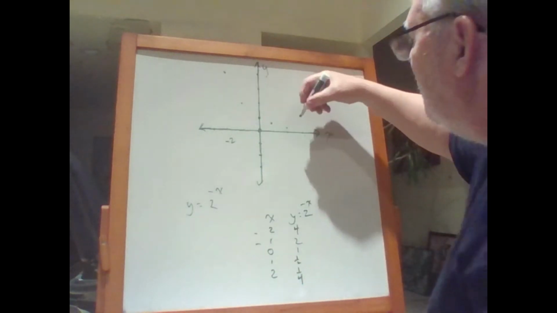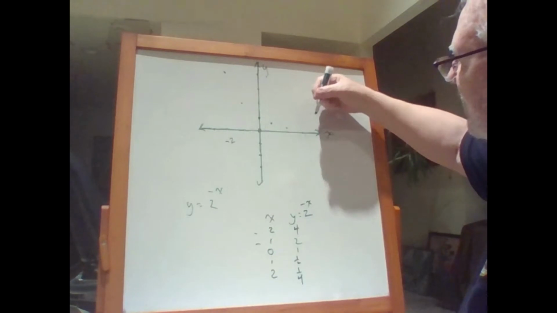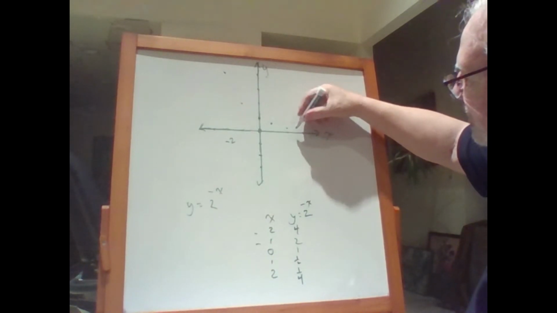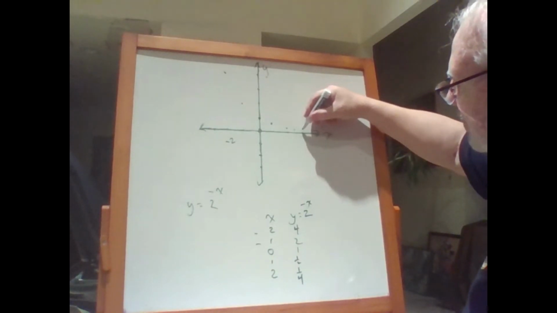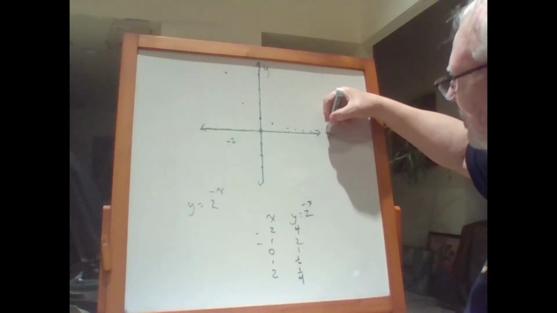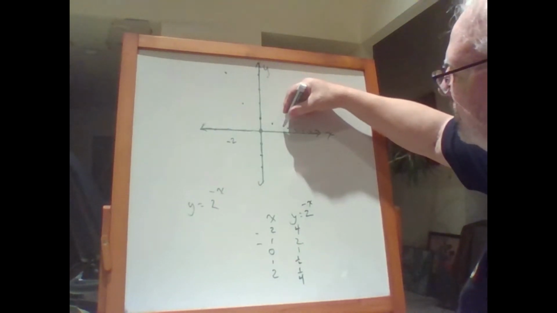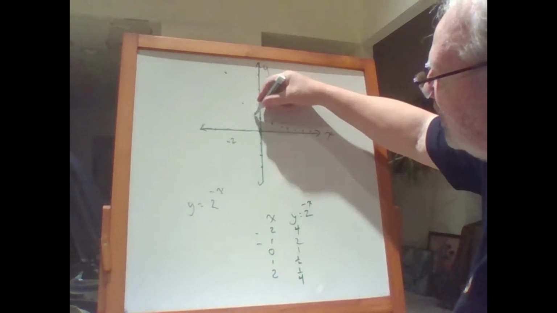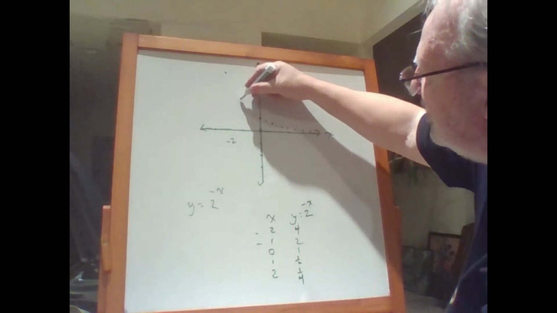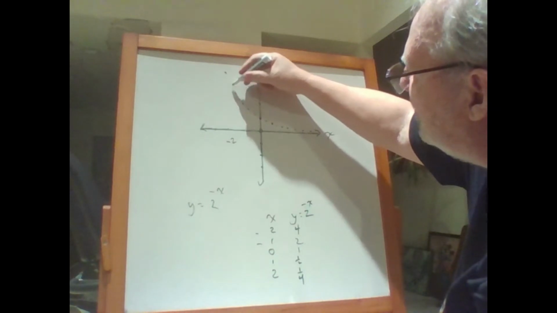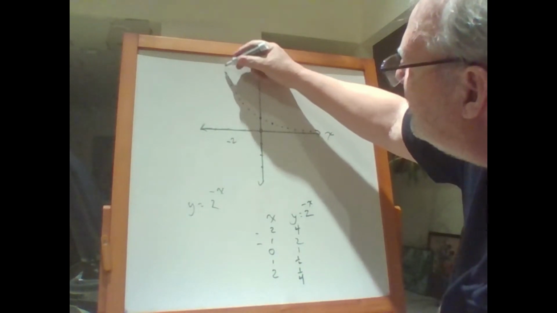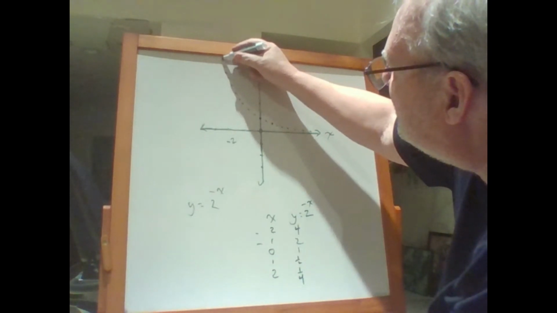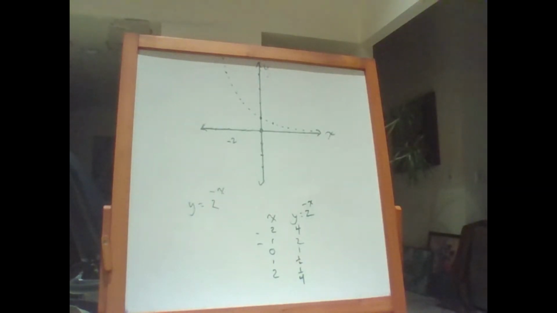So what we have is a function that approaches 0 in the positive x direction, and when you go into the negative x's, it goes up steeply.